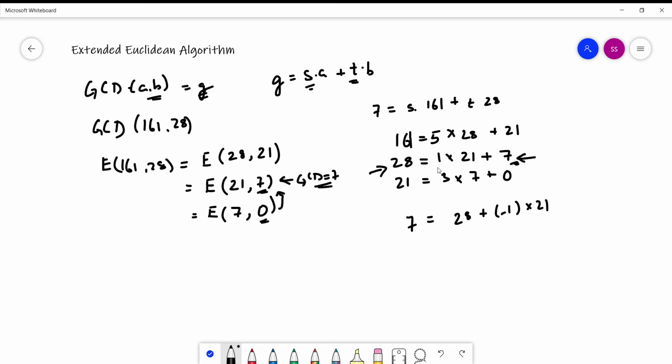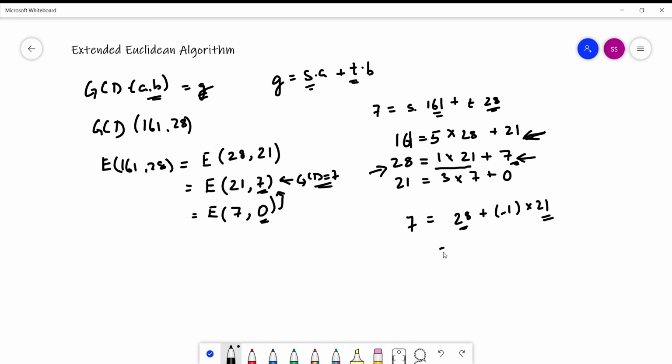This term will go this side, so it will come with a negative sign, so minus 1 into 21. Now I have to write this in terms of 28 and 161. So 28 I am getting, but 161 I am not getting. So the second thing we have to do is substitute this 21 from the step where we get 21 as the remainder.